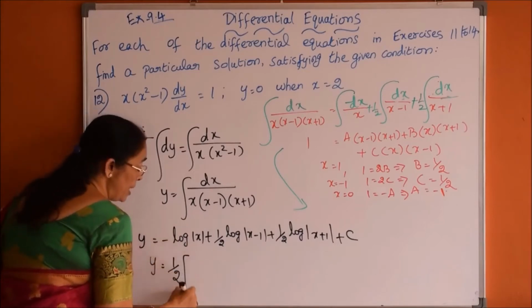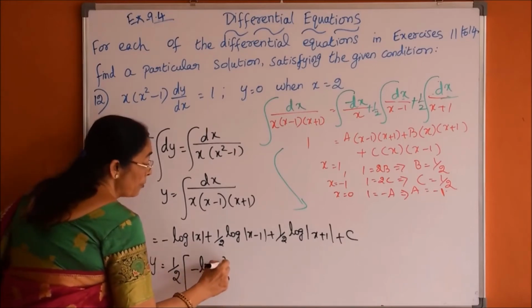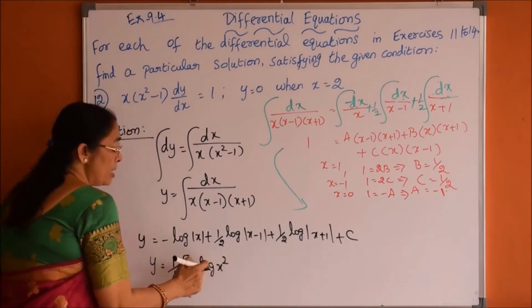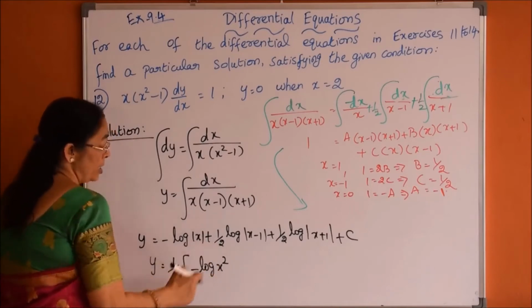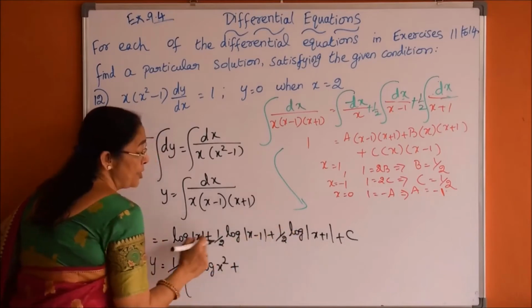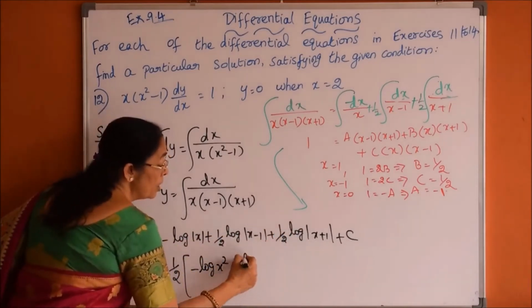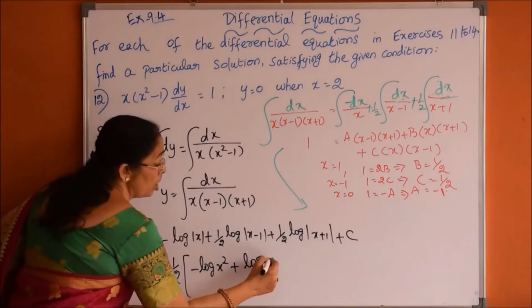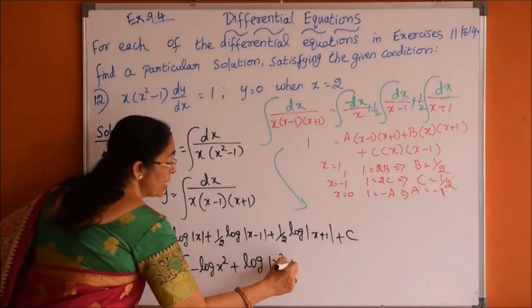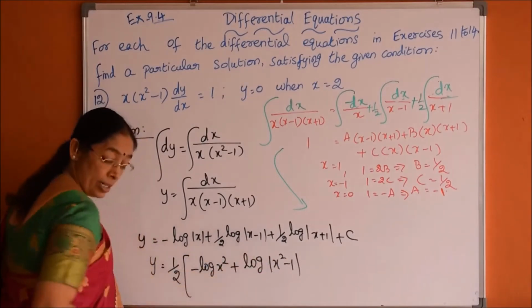So this can be written as −log x². This multiplied by 2 will come as 2 log x, which is log x². And this one is log(x − 1), half is taken outside. log(x − 1) + log(x + 1) together is log of the product, which is log(x² − 1). Now even this −log x² we can bring to the denominator.